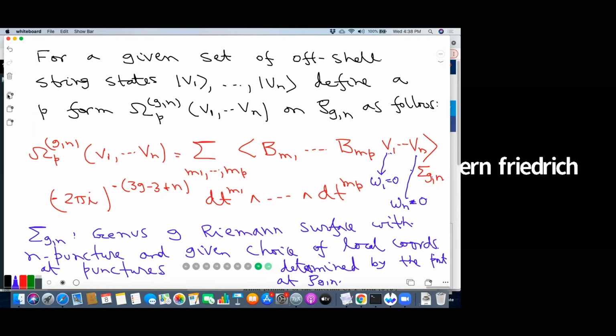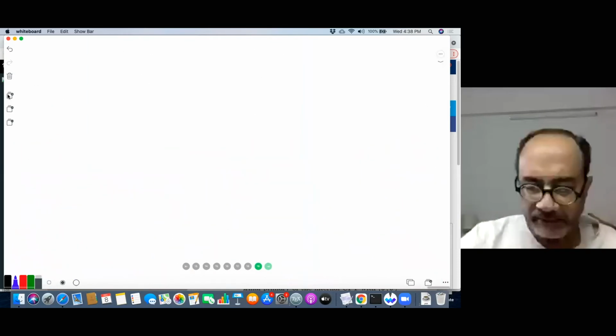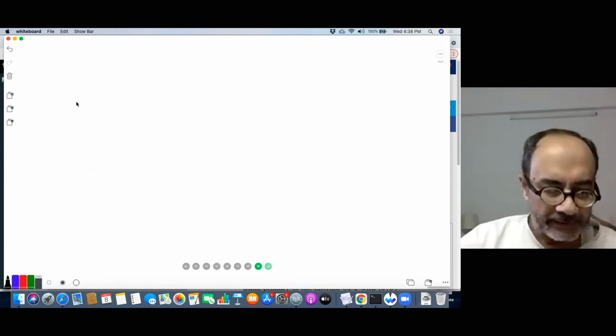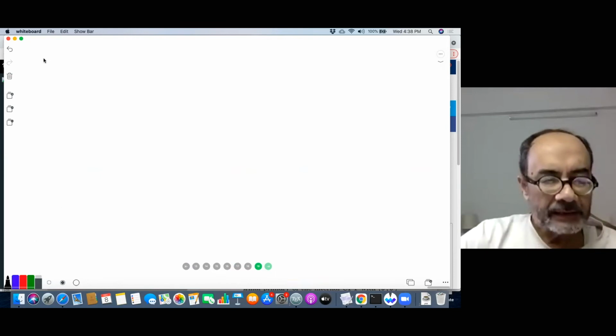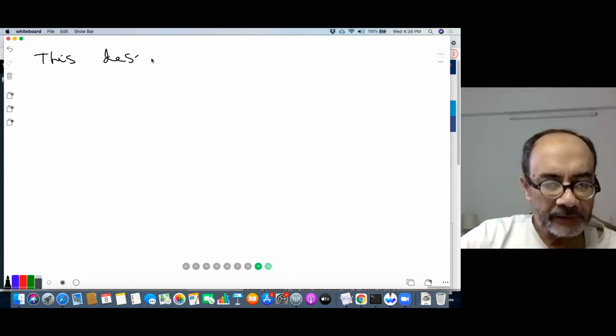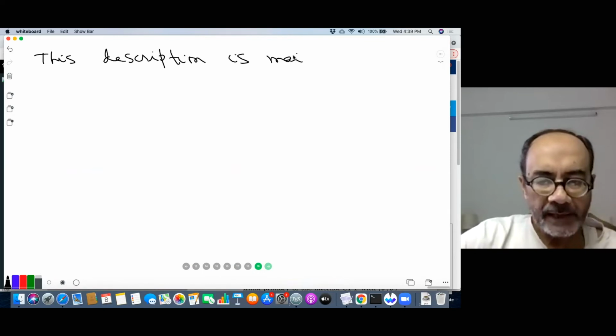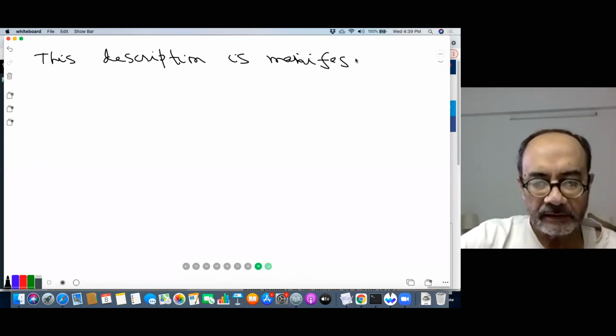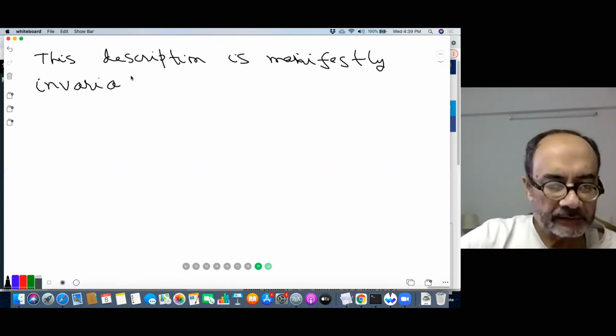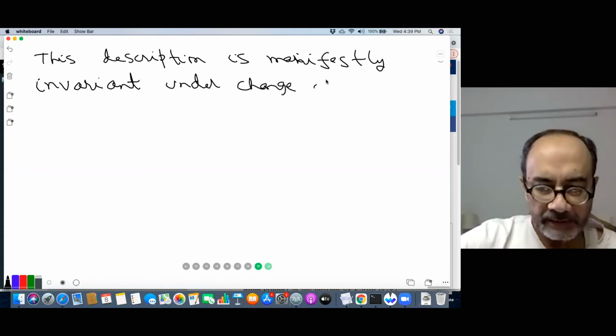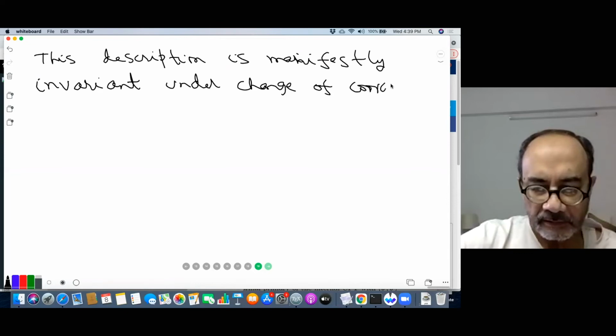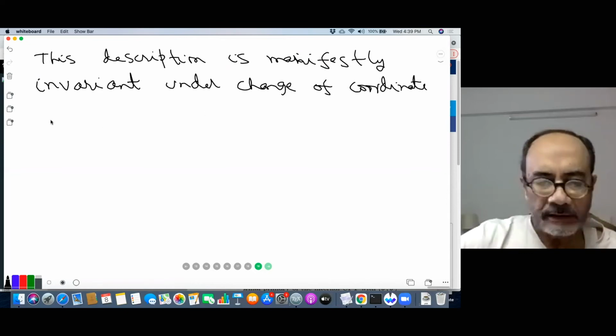Now let me just state a few nice properties, and later on we will discuss other properties. The first is that this description is manifestly invariant under change of coordinates in P_{g,n}.